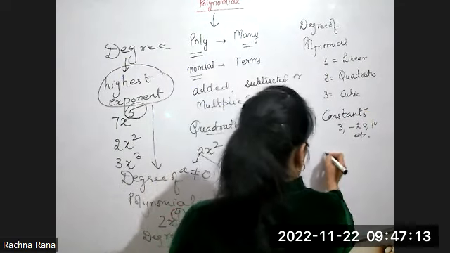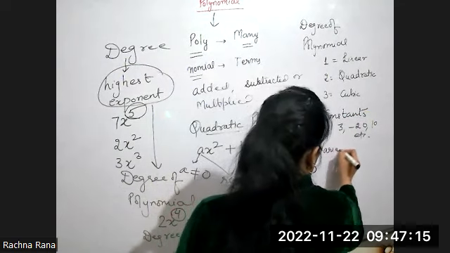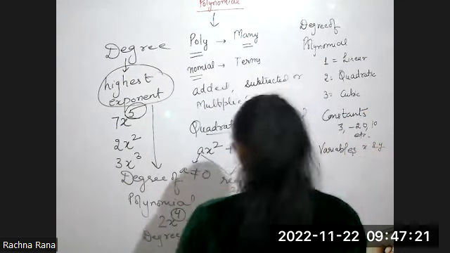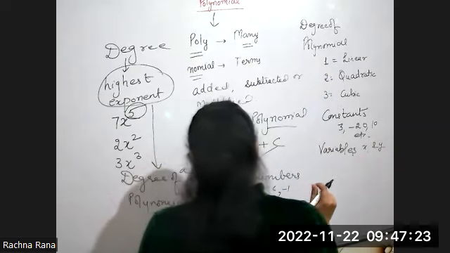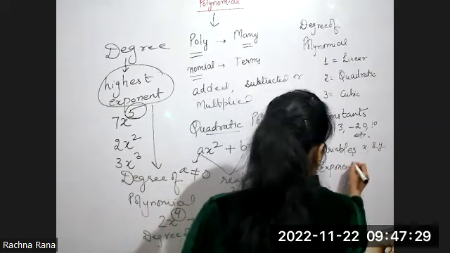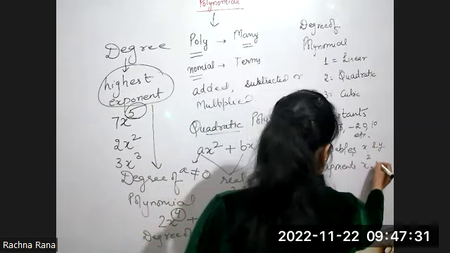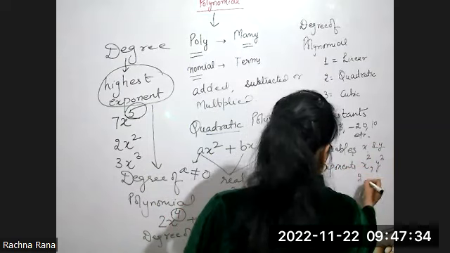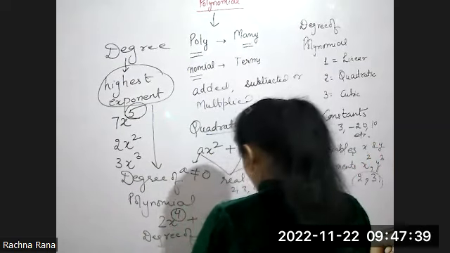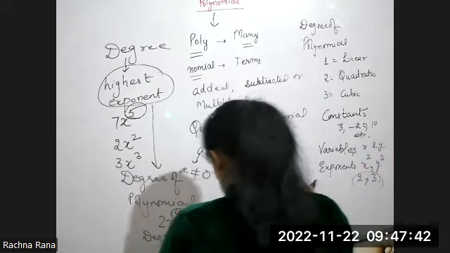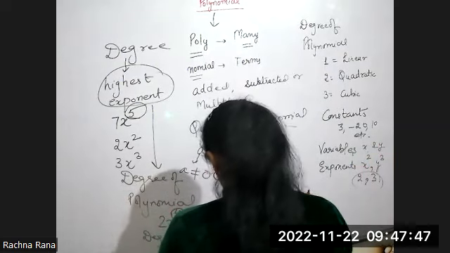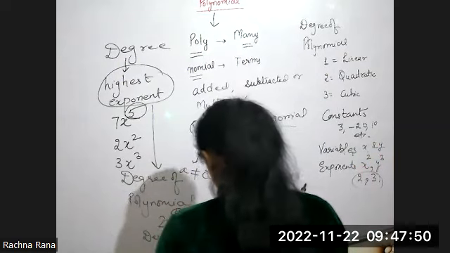Variables are like x and y. These are called the variables. And exponents, x raised to power 2, y raised to power 3. 2 and 3 are the exponents of the variable. These can be combined using addition, subtraction, multiplication, but not division.